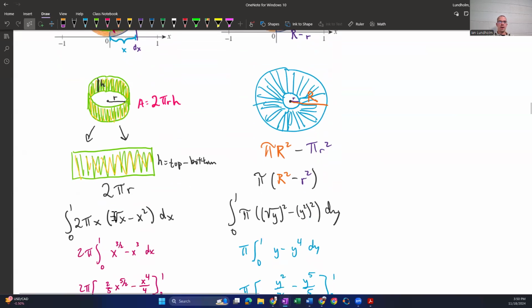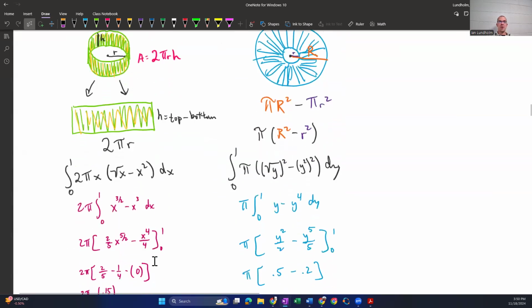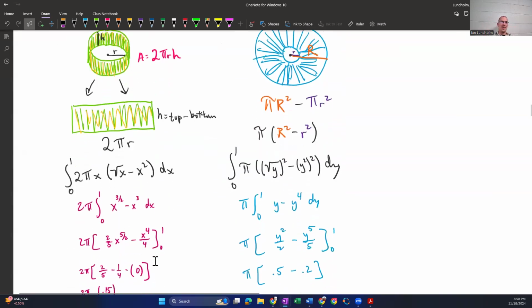So r is equal to x in this scenario. And then we're figuring out the height of each of these shells by doing the top function minus the bottom function. We're doing the square root of x minus x squared. And so based on the area formula for a cylindrical shell, we've set up this integral that if we solve it, we're actually going to get the volume of that entire shape.